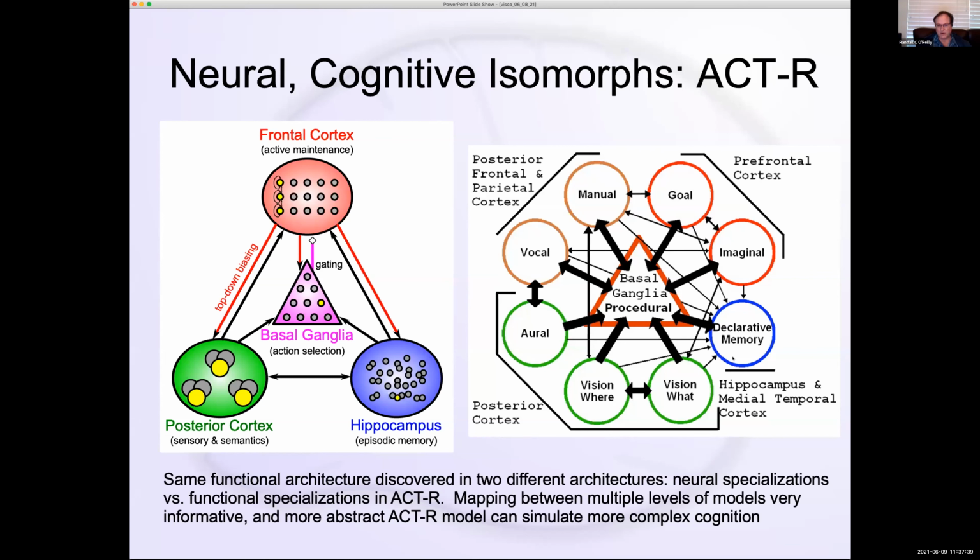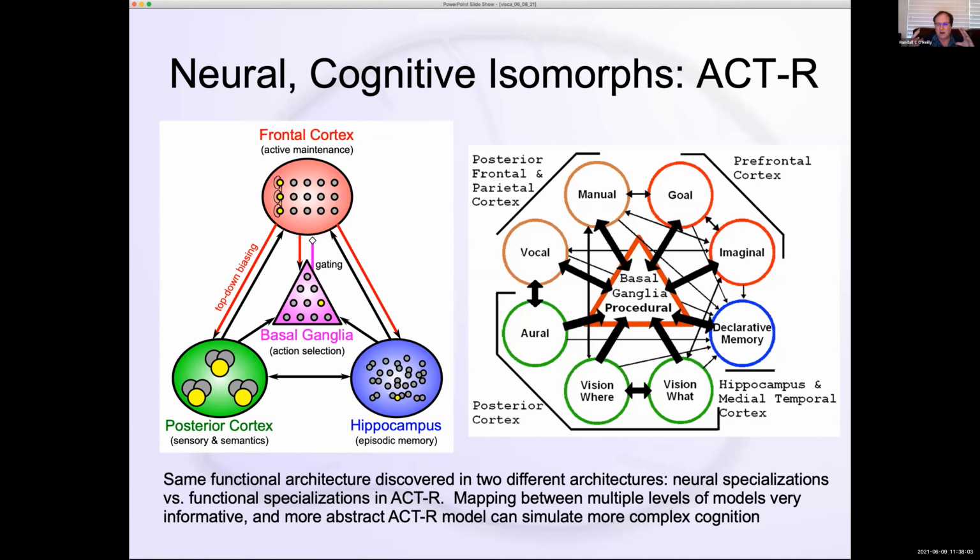And then you also have nice correspondences with hippocampus in some role in memory, although I think it's interesting, we'll talk a little bit later about declarative memory being both semantic and episodic memory, whereas the hippocampus we think of as specifically episodic memory.